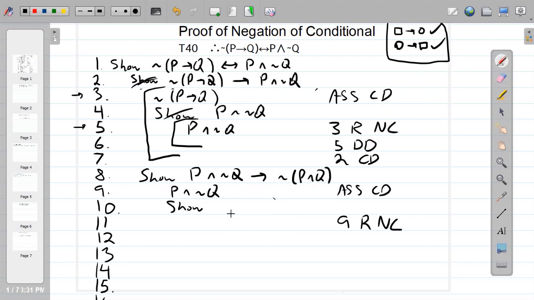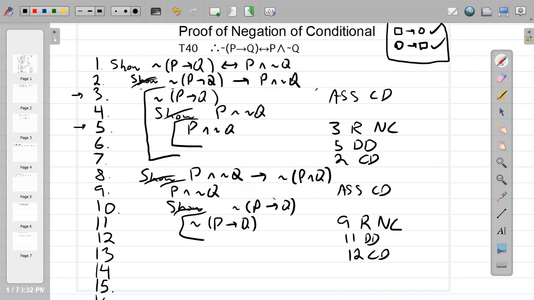I'm whipping through this because these are now officially trivial. P, then Q. Well, 9, repeat, negation of conditional gives us, it's not the case that if P, then Q. So 11, direct derivation. And 12, conditional derivation. Look, now it all fits on one screen.